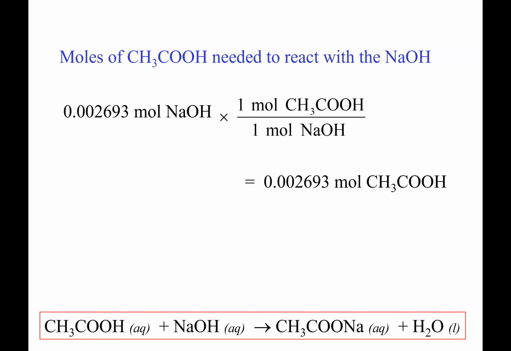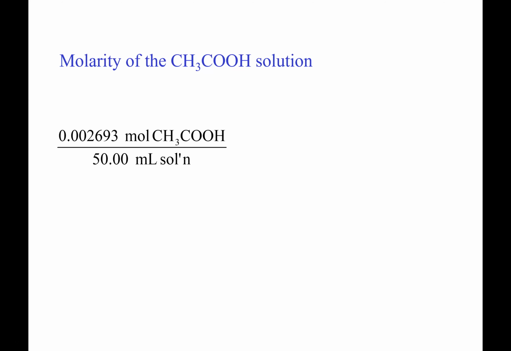So now what do I do with the number? I'm on my way to molarity. Divide by volume. Yep, divide by volume. And what was the volume? That's the volume done. 23 was the volume of the NaOH. Oh, 50. Yep, the volume of the CH3COOH was 50. Perfect. So you're looking at 0.002693 moles CH3COOH divided by 50.00 milliliters of solution.